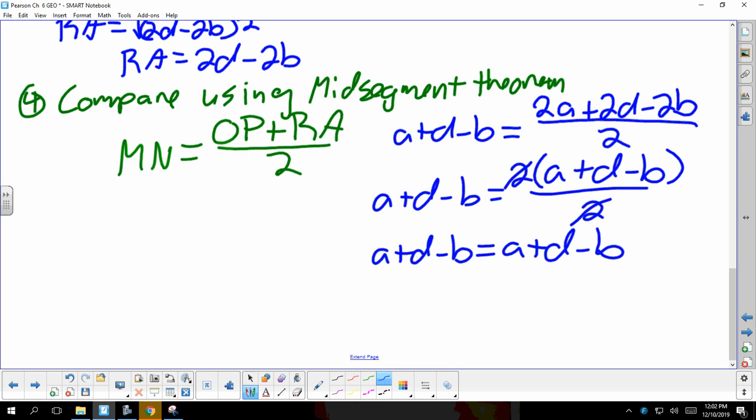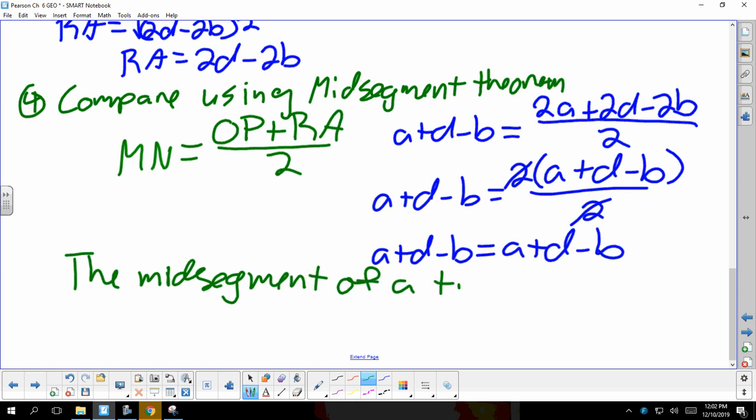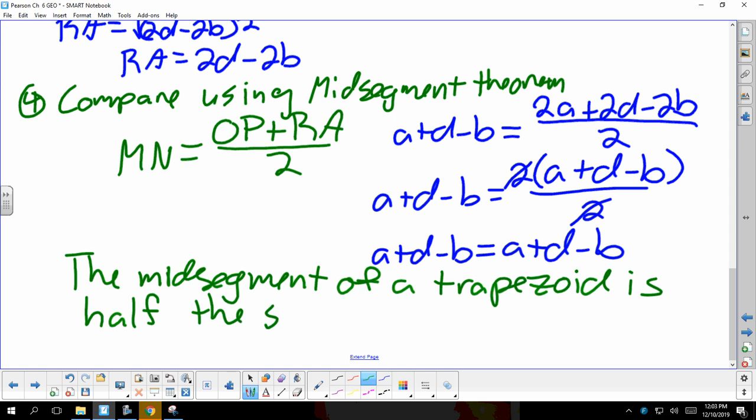Yes, that is an identity, a true statement. So the midsegment of a trapezoid is half the sum of the bases.